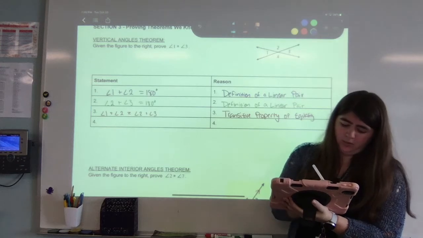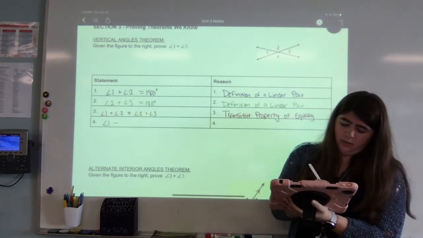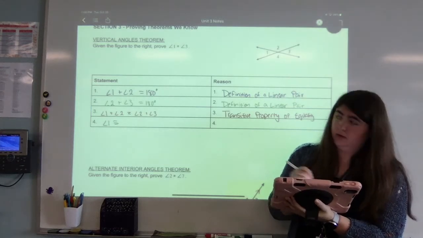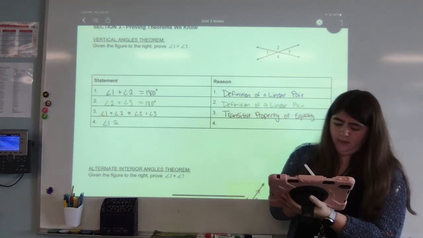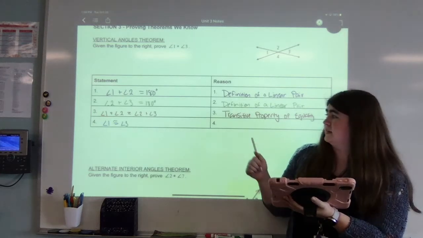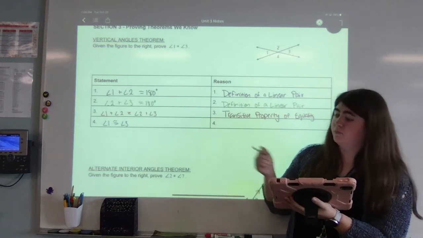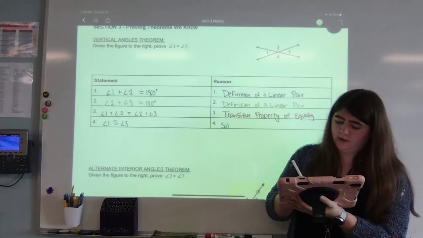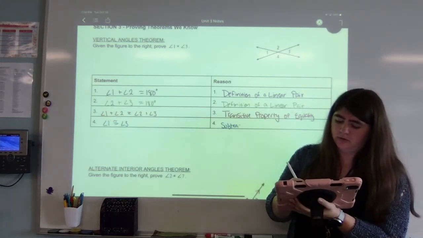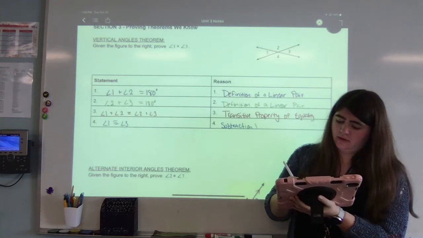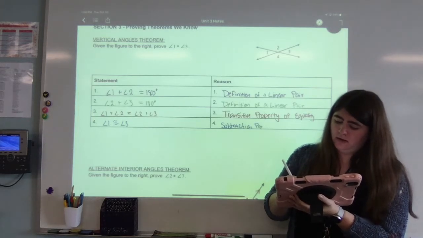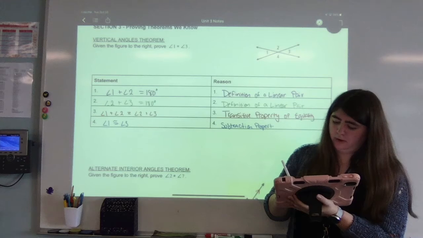So I have angle 1 is equal to, or congruent is really what we're looking at, angle 3. So I can say by my subtraction property of equality, because we subtracted angle 2 out, that angle 1 is congruent to angle 3.